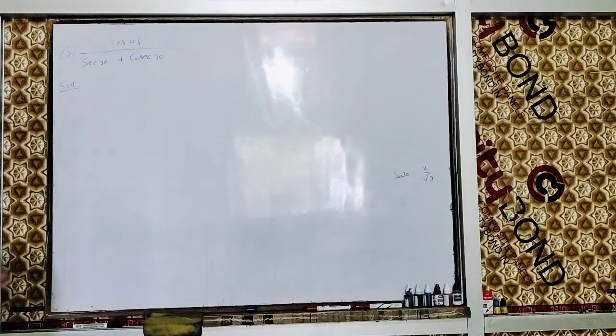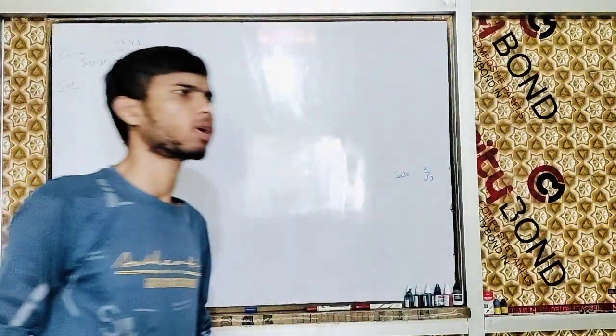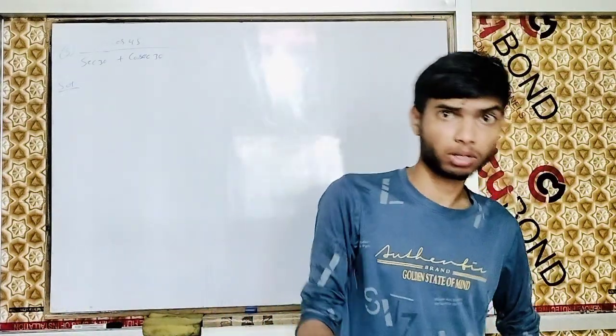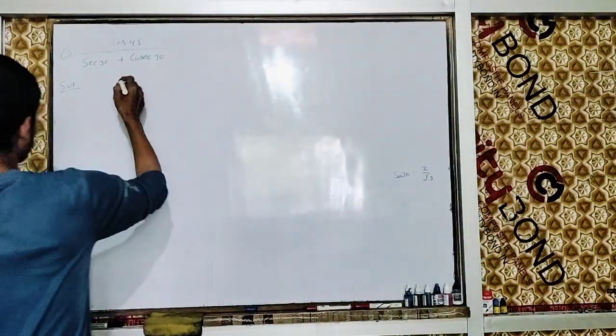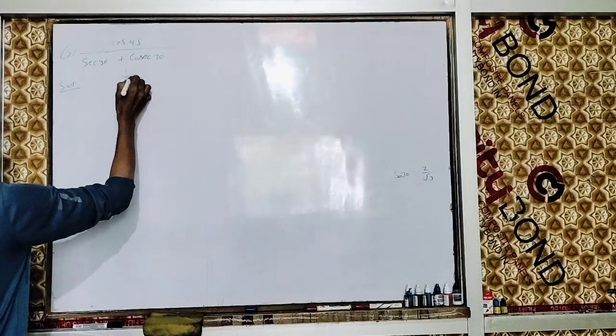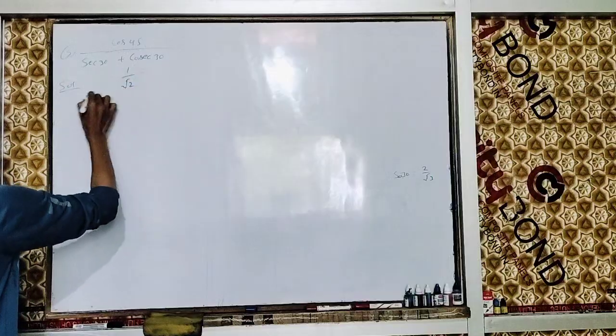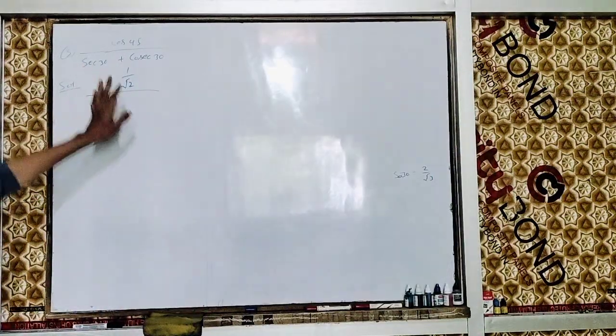Let's solve this together. We know that the value of cos 45 is nothing but 1 upon root 2. So it will be written over here, 1 upon root 2. Now next, what is the value of sec 30?